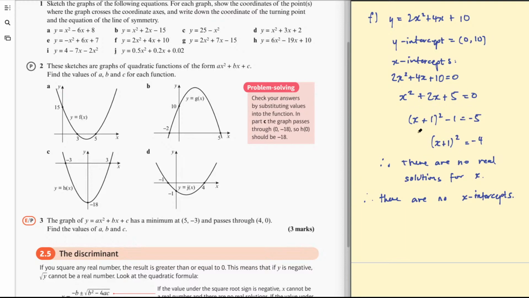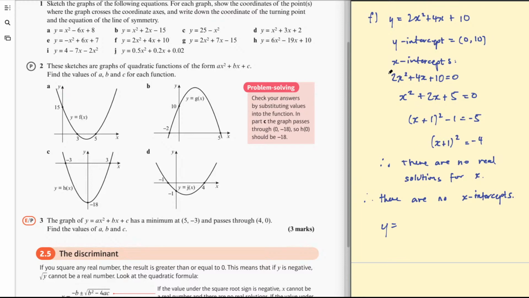So we've already done part of that. Sorry, I forgot that I divided by 2, so we cannot divide through by 2 now.